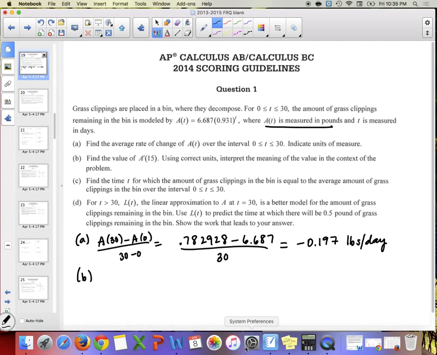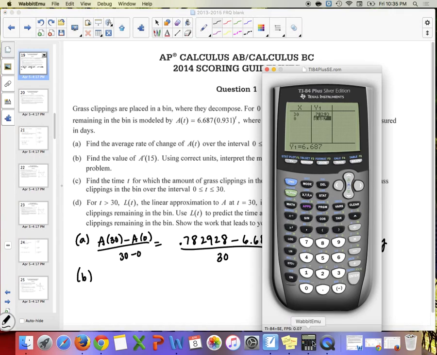All right, part B, find the value of A prime of 15. Again, since this is a calculator question, you don't want to spend a lot of time finding derivatives if you don't need to. So we're going to do math 8 on our main screen, which is nDeriv. Oops, I did math 9. And I'm going to do vars, y vars, function, y1, and I'm going to evaluate it at x equals 15.